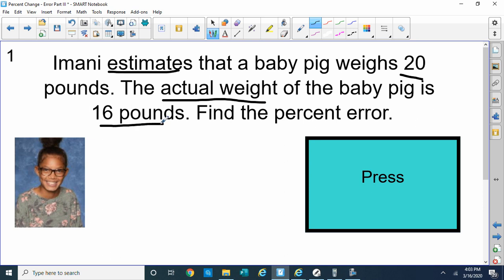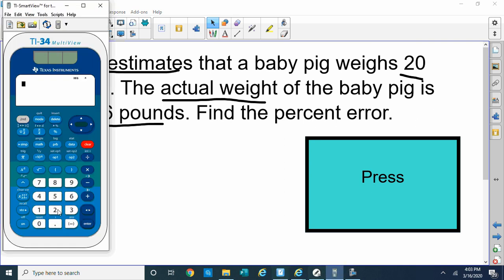So we're going to find the difference between those two. So let's subtract those two, and might as well get a calculator. All right, 20 minus 16, and that is going to equal 4.